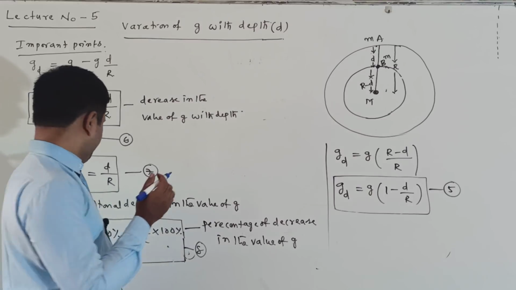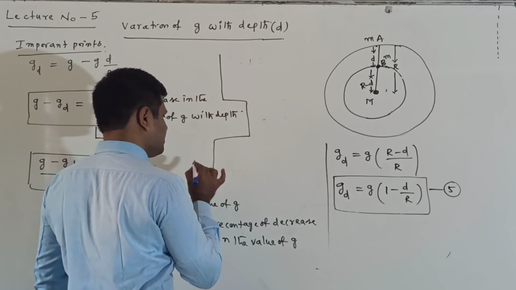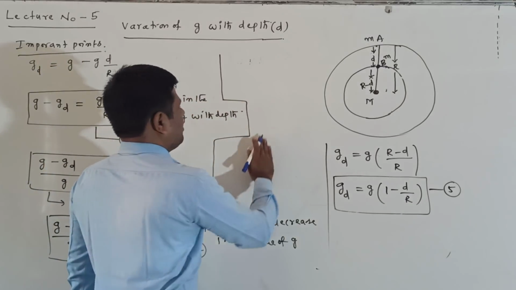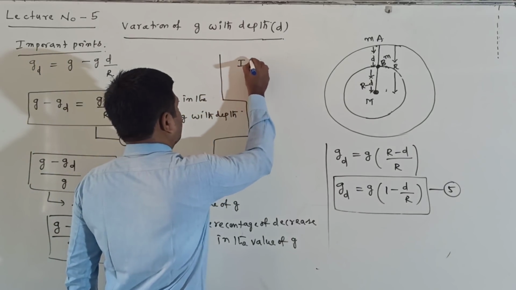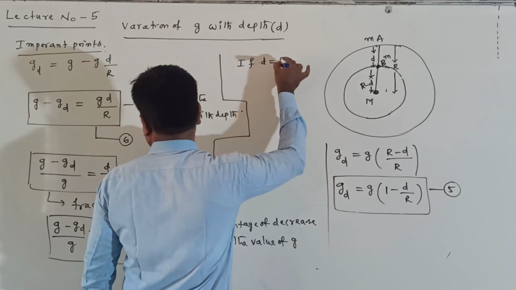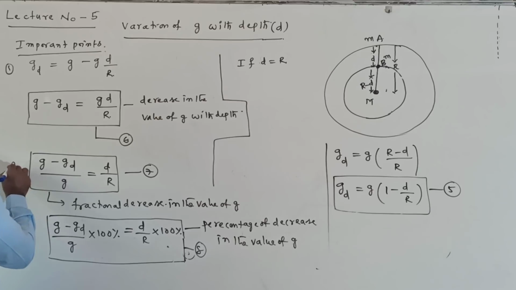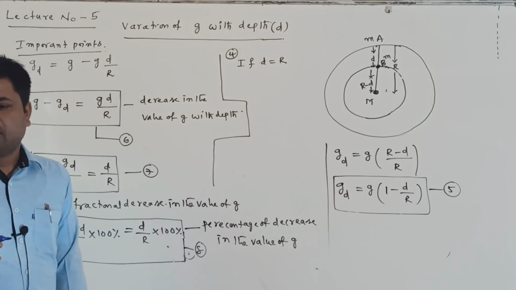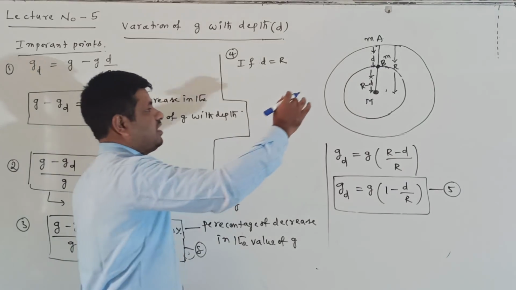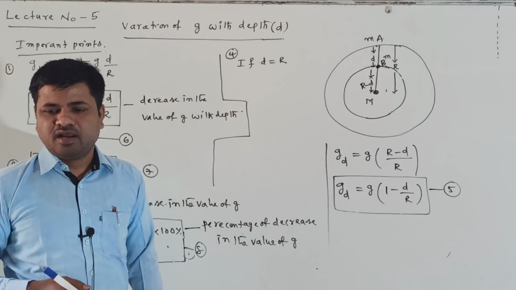Another important point I am discussing here: if d is equal to r. This is the first point, second point, third point, and this is the fourth point. When d equals r, the depth is equal to the radius of the earth, which means at the center of the earth.